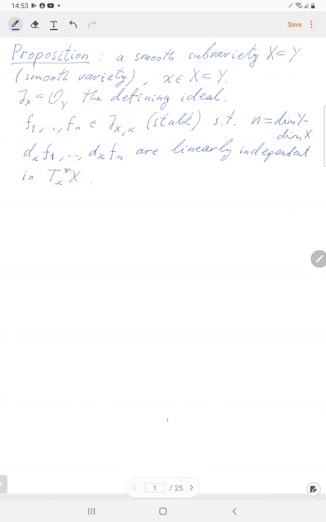Then I claim that the ideal J is locally generated by those functions around this point.